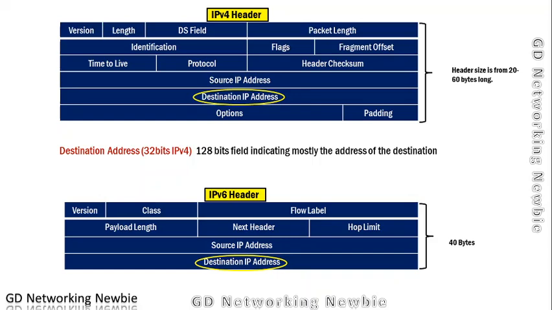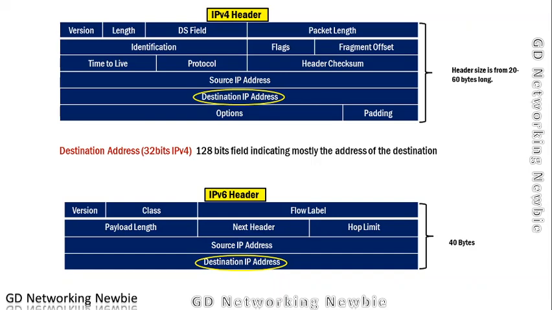We cannot give that many nodes an IP address, but in IPv6 we have 128 bits. It means 2 raised to the power 128 nodes can be assigned IP addresses. But with 32 bits, we do not have that many addresses.